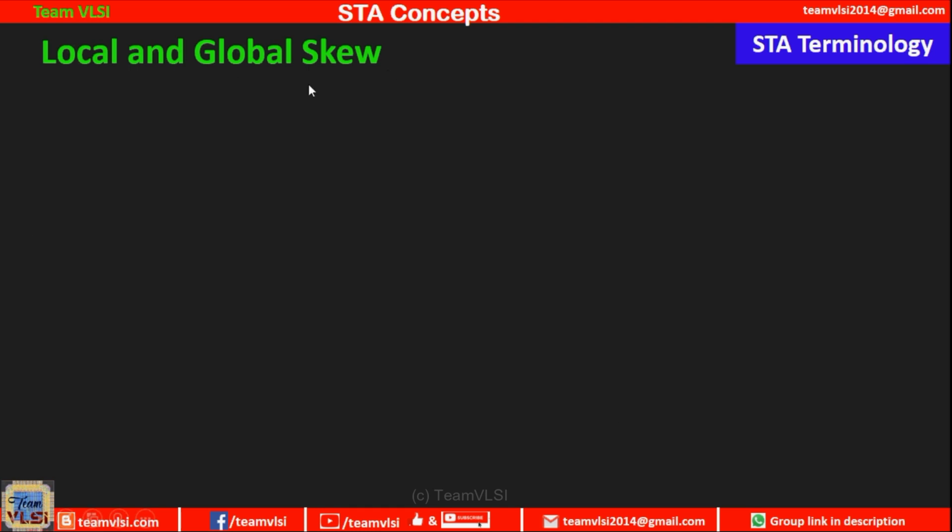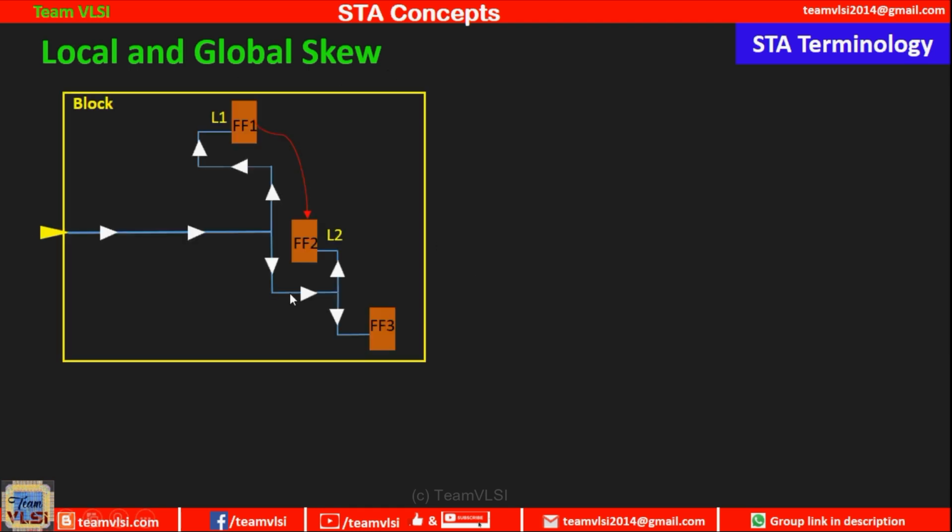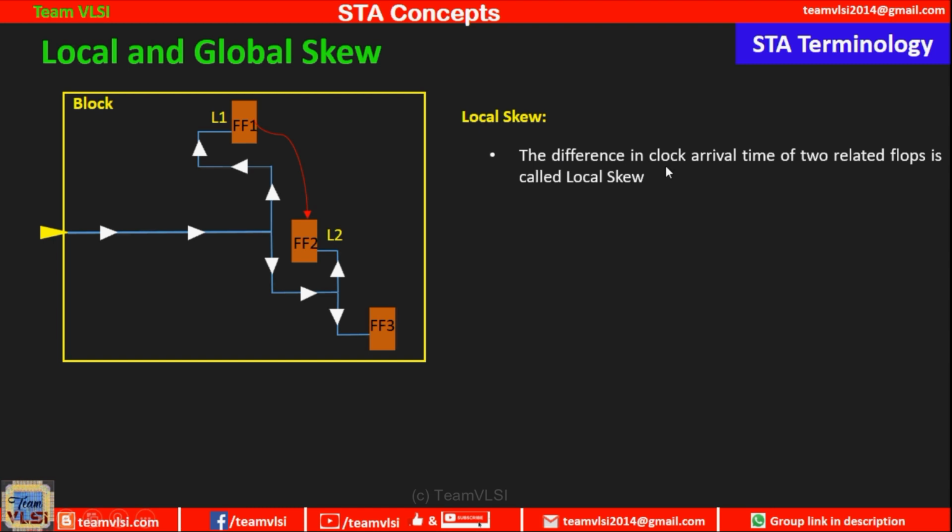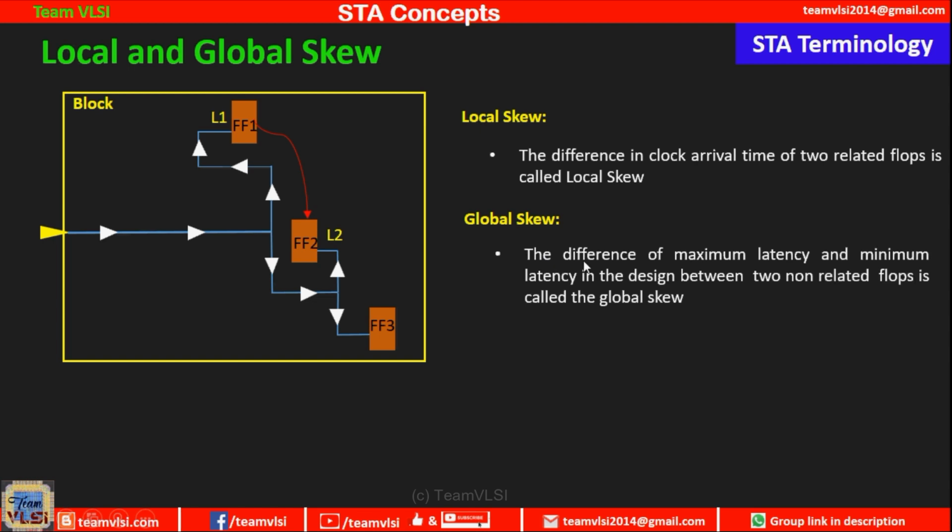Next we will see global and local skew. We have seen this diagram before. Local skew can be defined as the difference in clock arrival time of two related flops. And global skew is the difference of maximum latency and minimum latency in the design between two non-related flops, right?